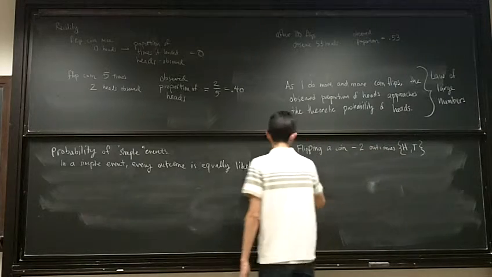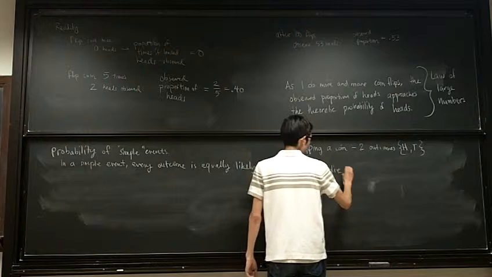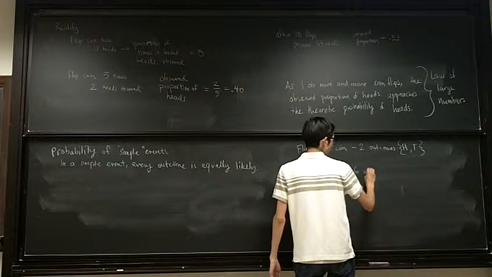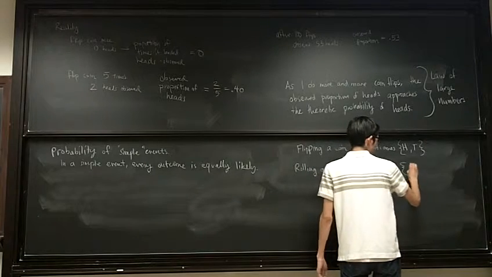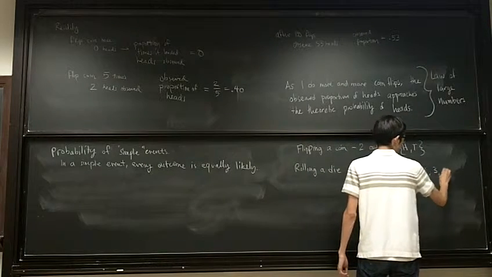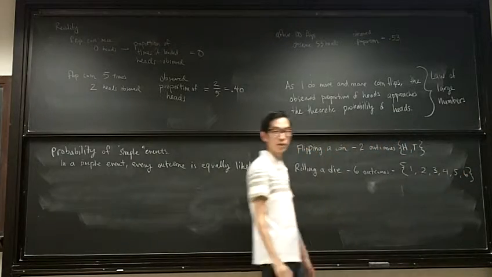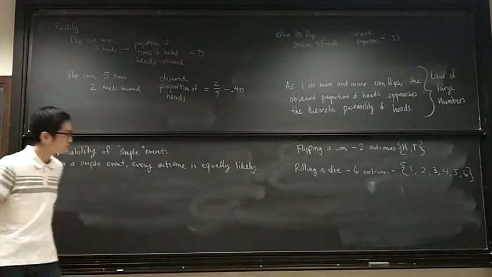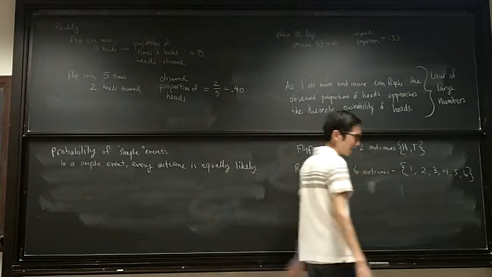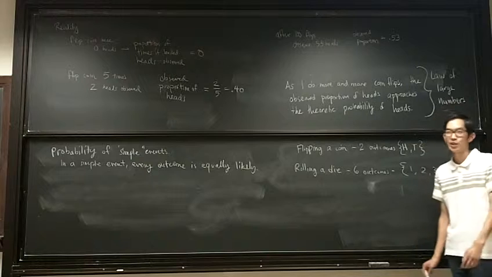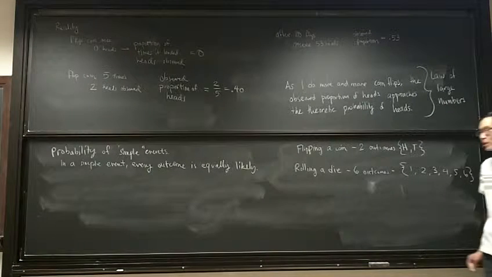Okay, rolling a die. 6 outcomes, all are equally likely. You can get 1, 2, 3, 4, 5, or 6. Okay? Drawing a card. Yeah, basically all of those games of chance at Las Vegas, most of them are simple events, right? Roulette wheel.